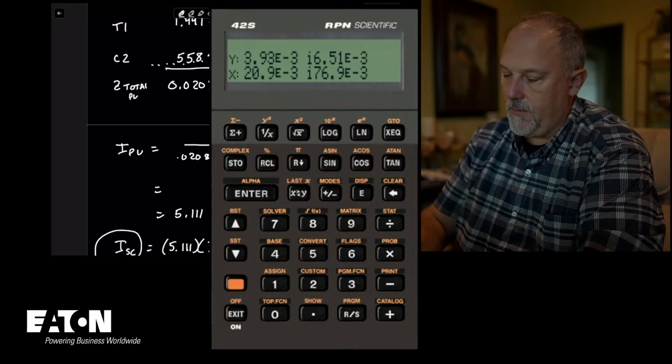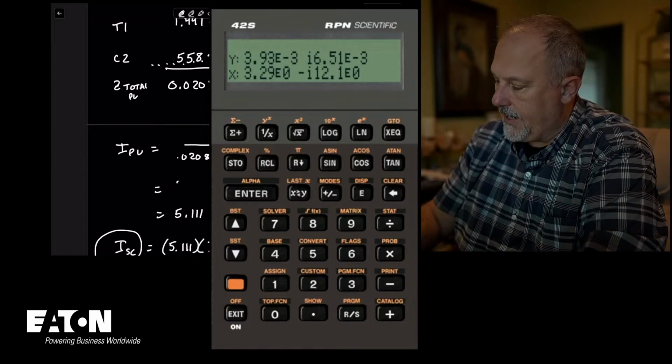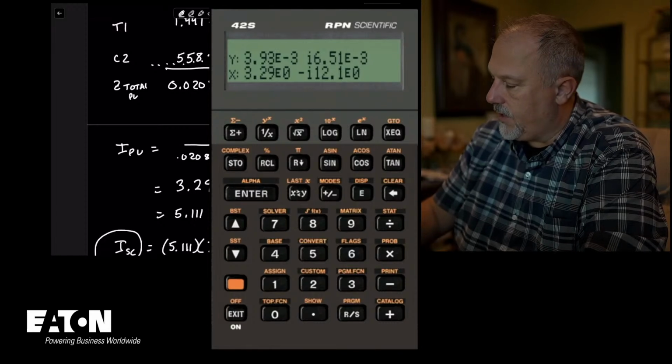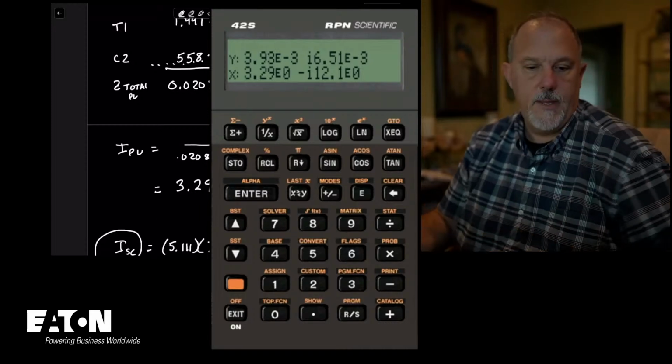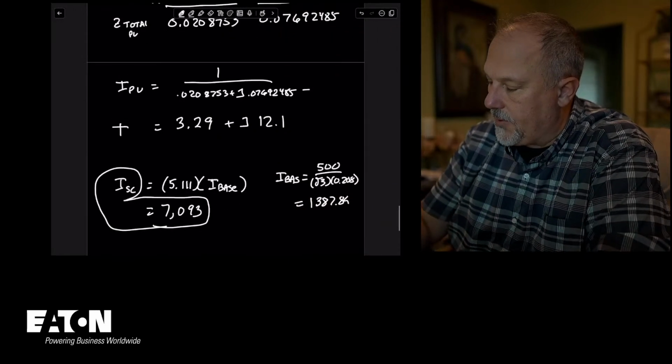I do 1 over, and now I get 3.29 plus j 12.1. All right, so that is I per unit.